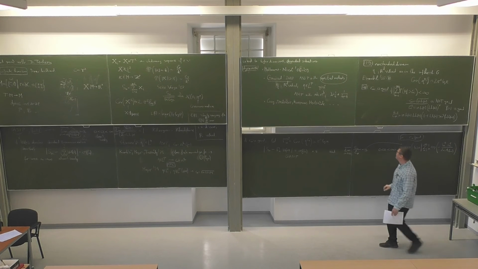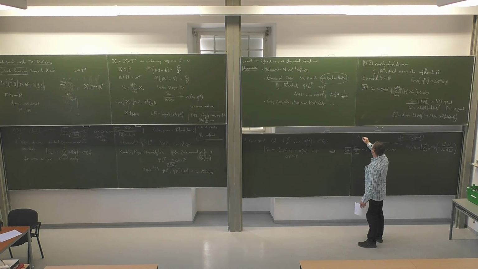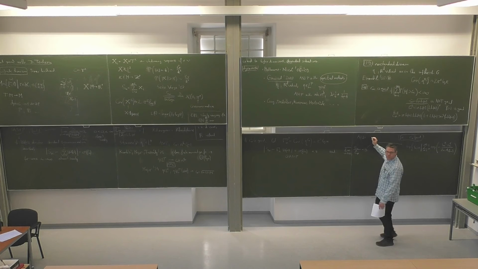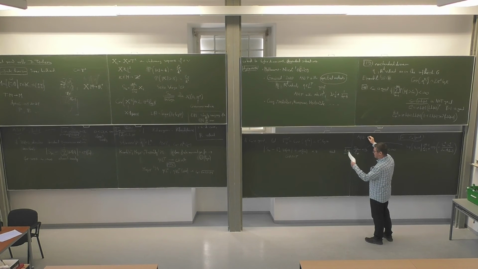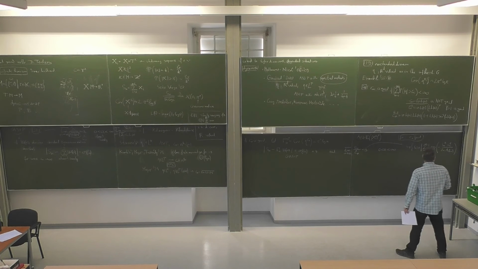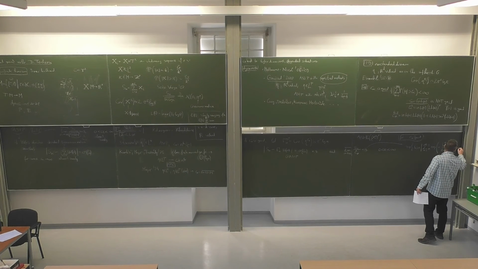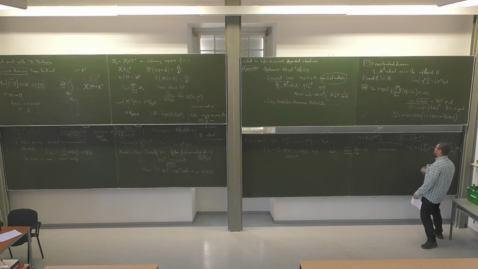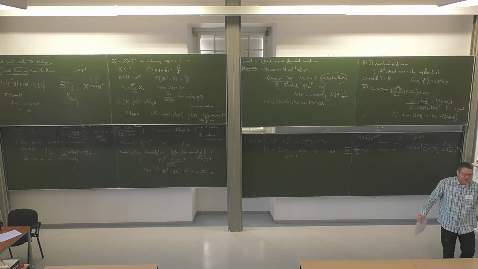What is A of Cn? A of Cn is the truncated second moment, so it's basically E of X truncated at Cn squared. Okay, so this is the generic thing.